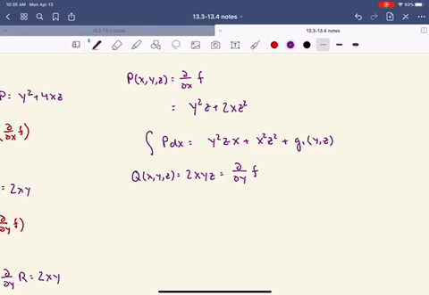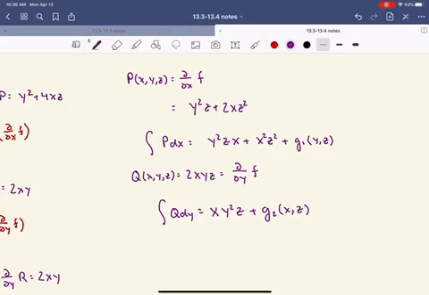Okay, so taking the integral of q with respect to y, we're integrating this with respect to y, so you're going to have a y squared, and the 2 in the denominator is going to cancel with that, so it's going to be x y squared z plus some unknown function, we'll call it g2, of x and z.